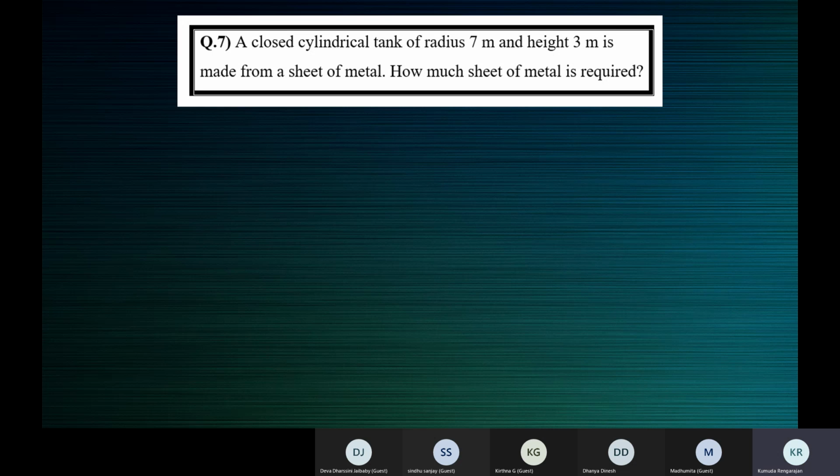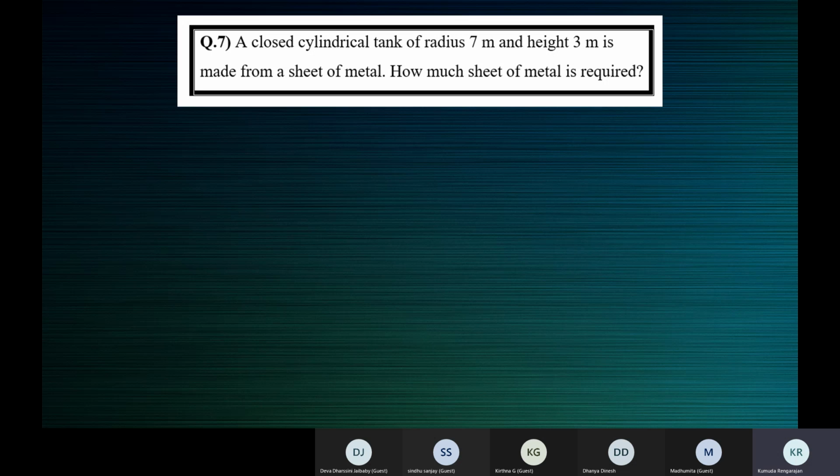The question is how much sheet of metal is required. You will use the metal sheet to build the body of the tank.